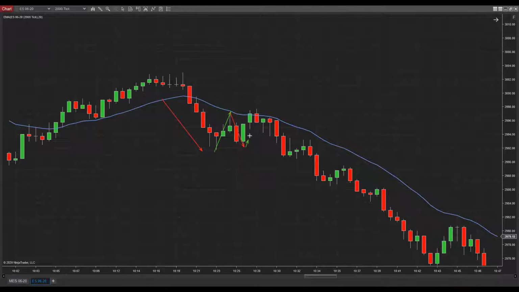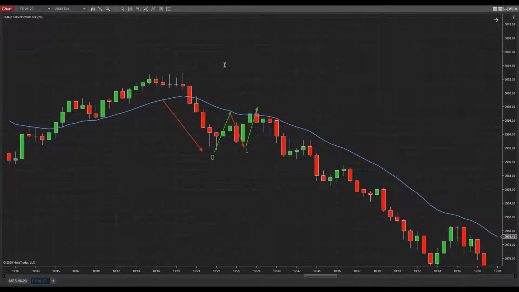And then the second leg of the pullback right here. This is a two-legged pullback. I will put the numbers here just for reference. So we have the first leg up there, and now we have the second leg up here.